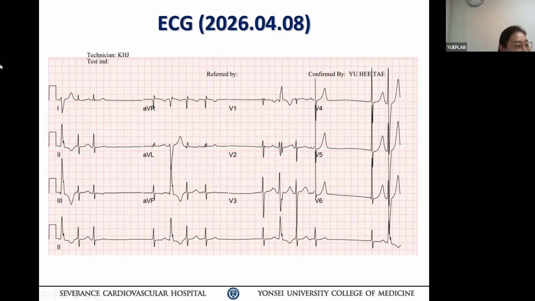Okay, now give me a mouse. Let's summarize the result. You can notice there is group beating, and the first one didn't show any P wave, so it could be junctional. The usual junctional rhythm shows a slightly different QRS morphology compared to the sinus conducted one. You can compare this in V1, this one and this one are a little different, right?